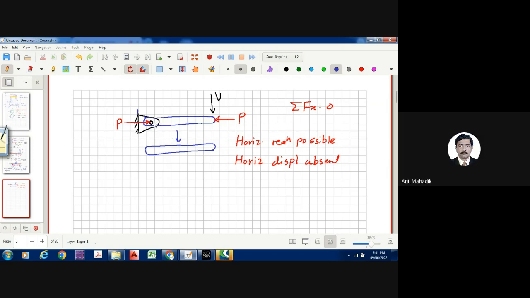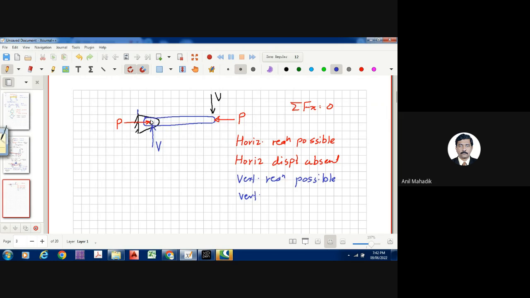So this bolt is not going to move this rod vertically; uniform vertical displacement is not possible due to this bolt. That means I can say there will be a reaction in this direction also. The value will be, let's say, V for the time being. That means we can say vertical reaction is possible. Why is it possible? Because vertical displacement is absent.